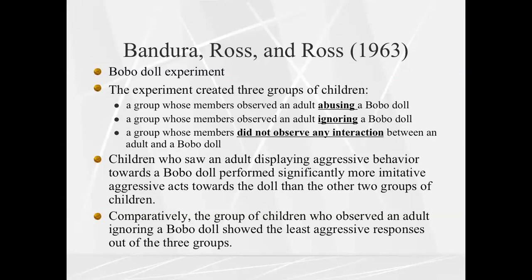We'll call that person the model, and they were abusing Bobo. Now, when you see what they did, it wasn't all that crazy, right? They would lift Bobo up, throw him in the air, or do like some rigid kick. Another group saw an adult figure ignore Bobo. And then we had a control group that didn't see any interaction between an adult model and Bobo at all.